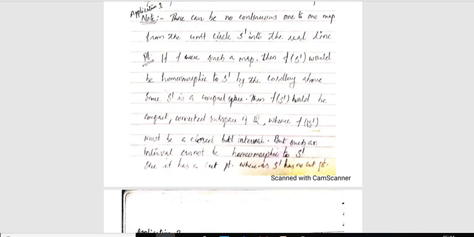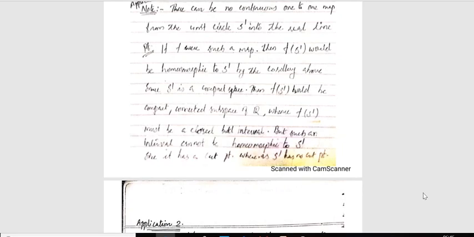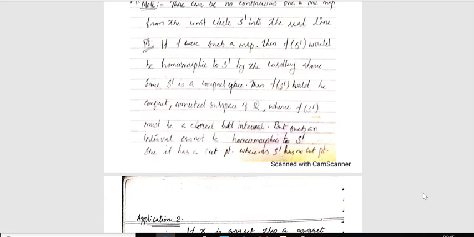Then f of S1 would be compact, being a continuous image of a compact space, and connected, so a subspace of R, where f of S1 must be a closed bounded interval. But such an interval cannot be homeomorphic to S1. The reason is the interval has a cut point, whereas the unit circle has no cut point. Cut point means if you remove that point from the set, you will get a disconnected set.